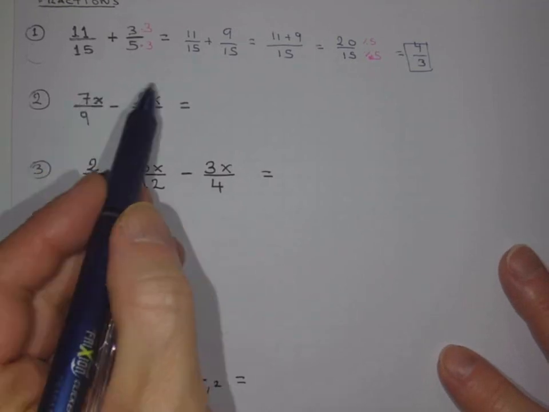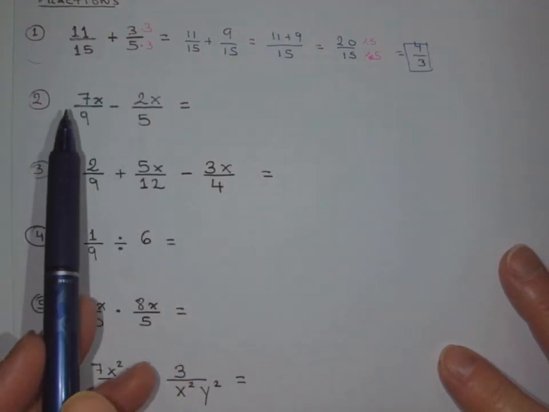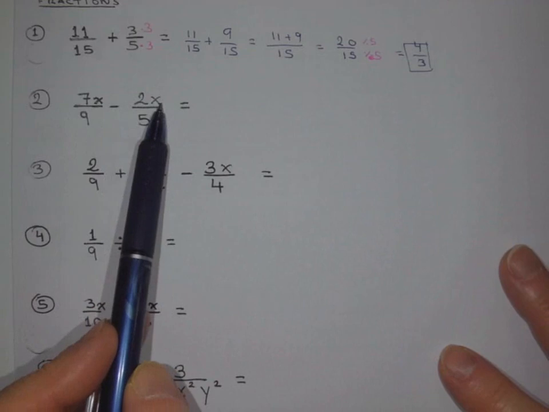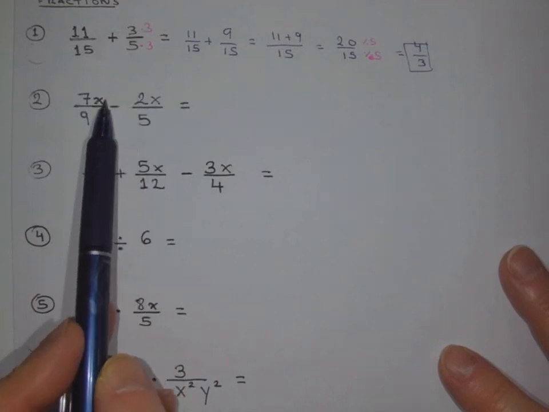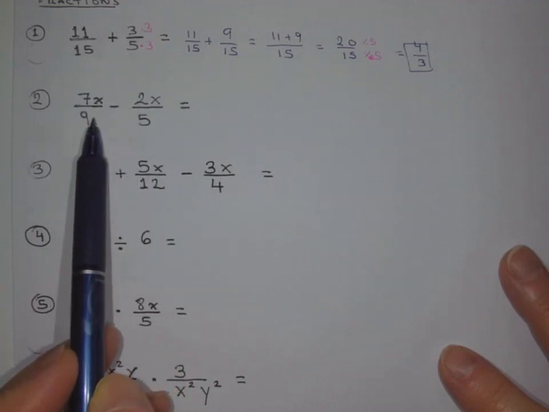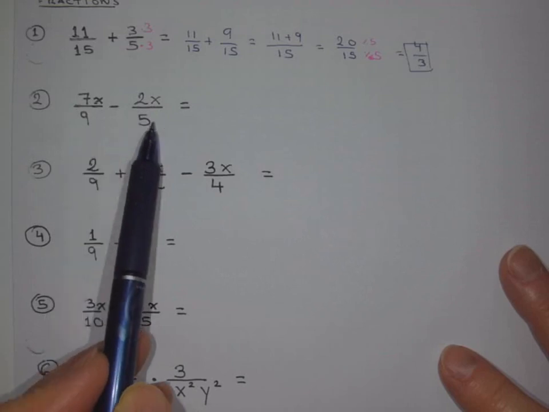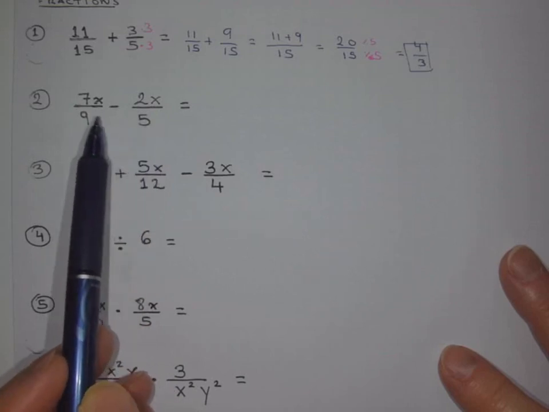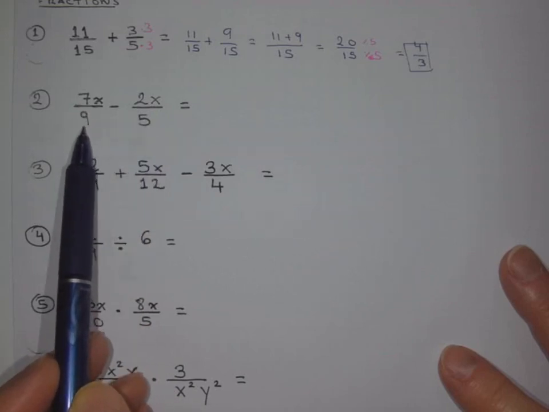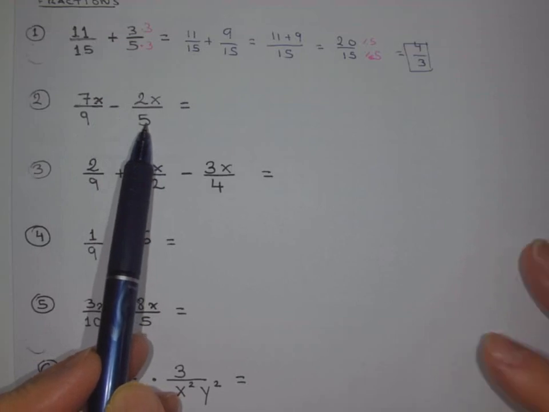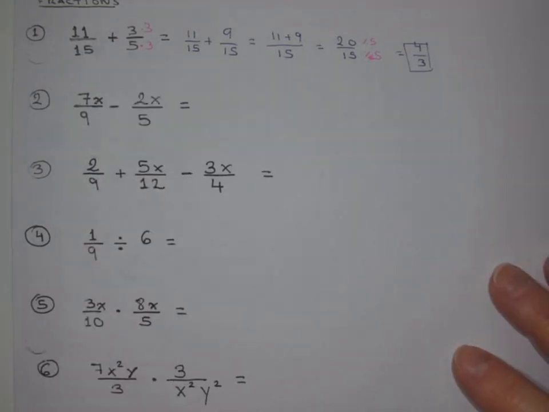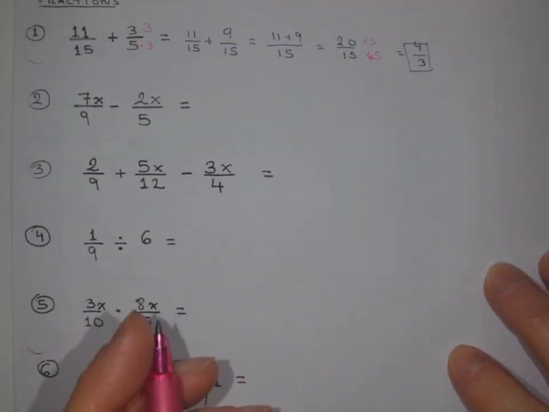Okay, so now I'm looking at this one, and now I introduced some variables in it, right? But I'm still subtracting, and when I'm subtracting two fractions, I still need a common denominator, which I do not have. This is 9, 3 times 3. This is 5, just 5, right? 5 times 1. So what's my common denominator?